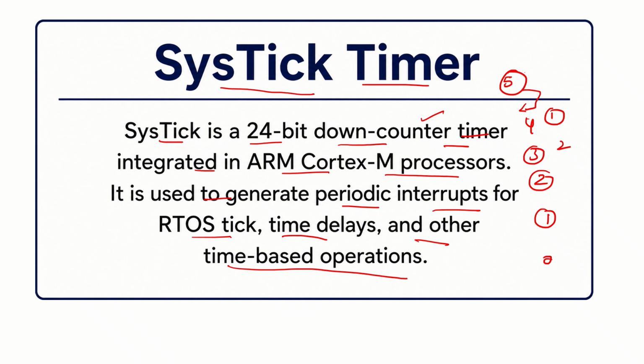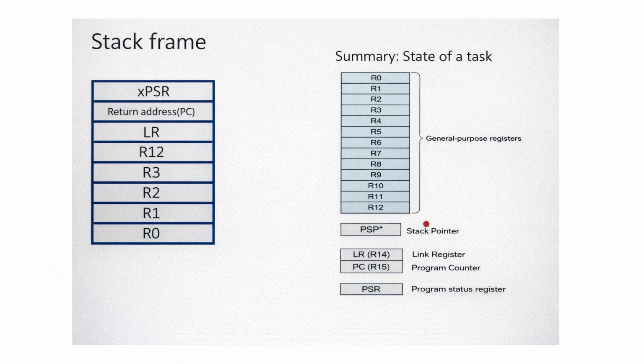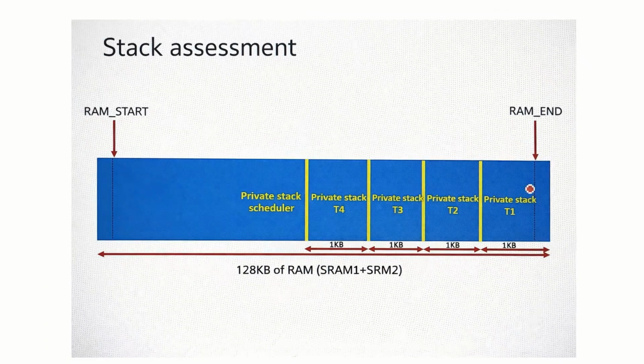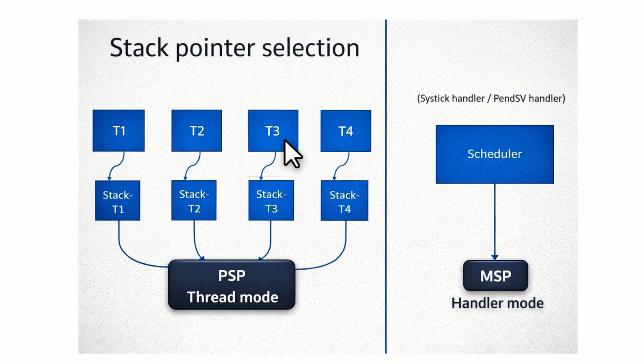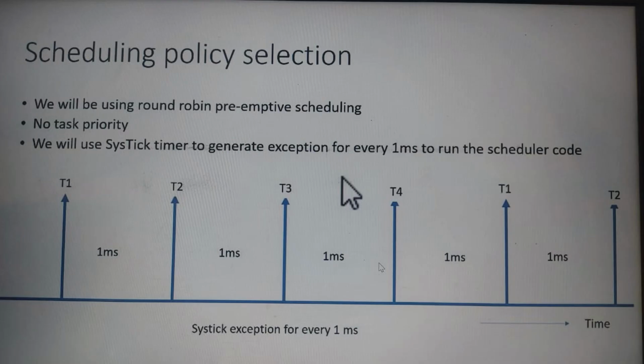So how will the SysTick timer be helpful in our task scheduling? As I already told you about task switching, let me explain here. We will switch the tasks. First we will execute task 1, and after 1 millisecond, which is not a static value, you can change it to 2 milliseconds, 3 milliseconds according to your application.